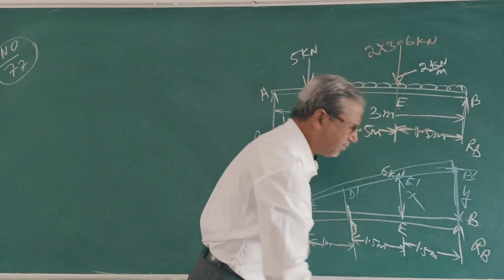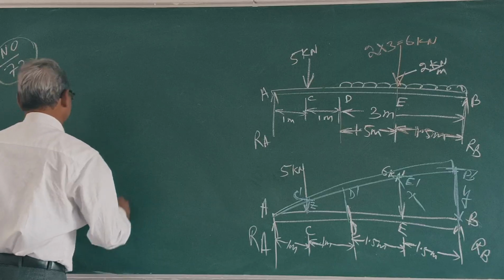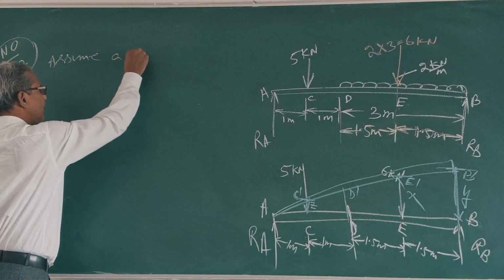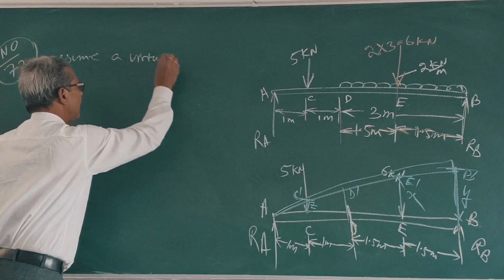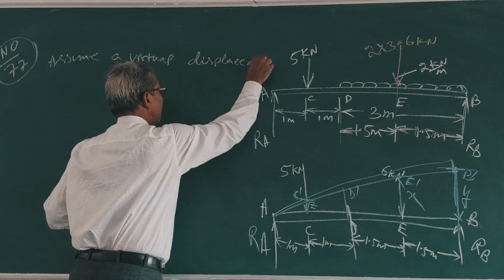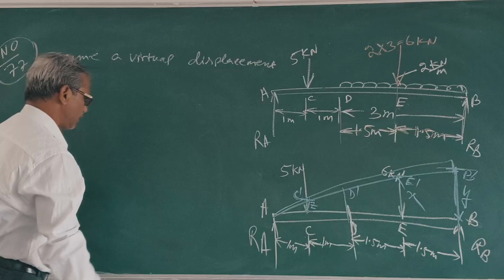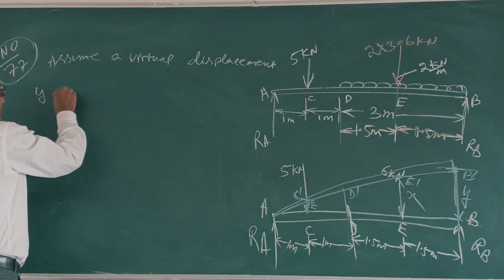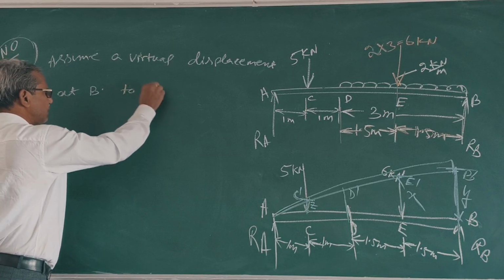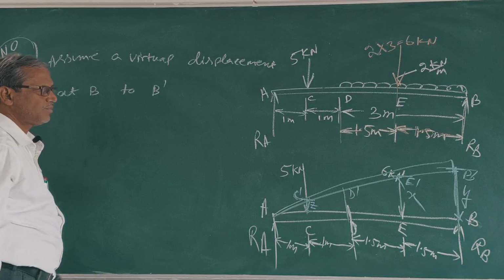Assume a virtual displacement y at B to B dash. Clear?